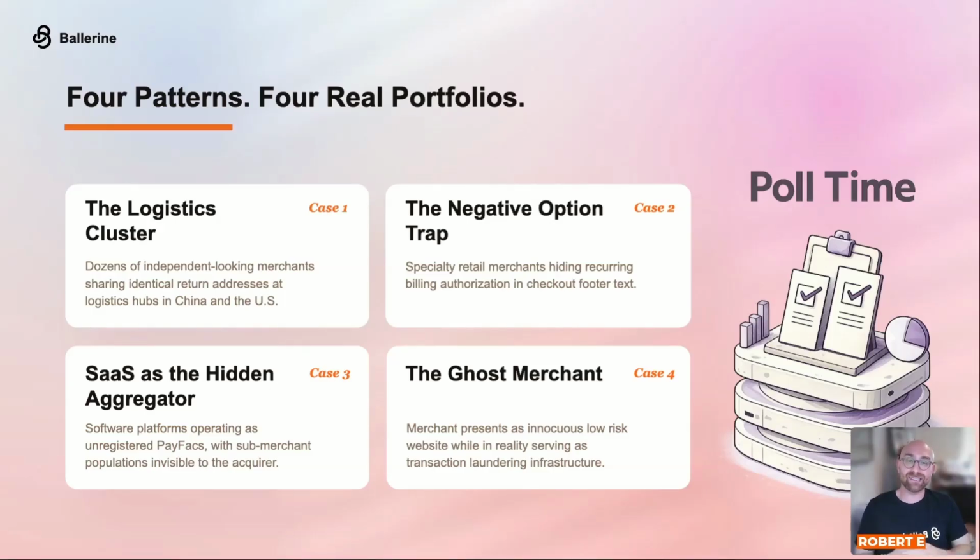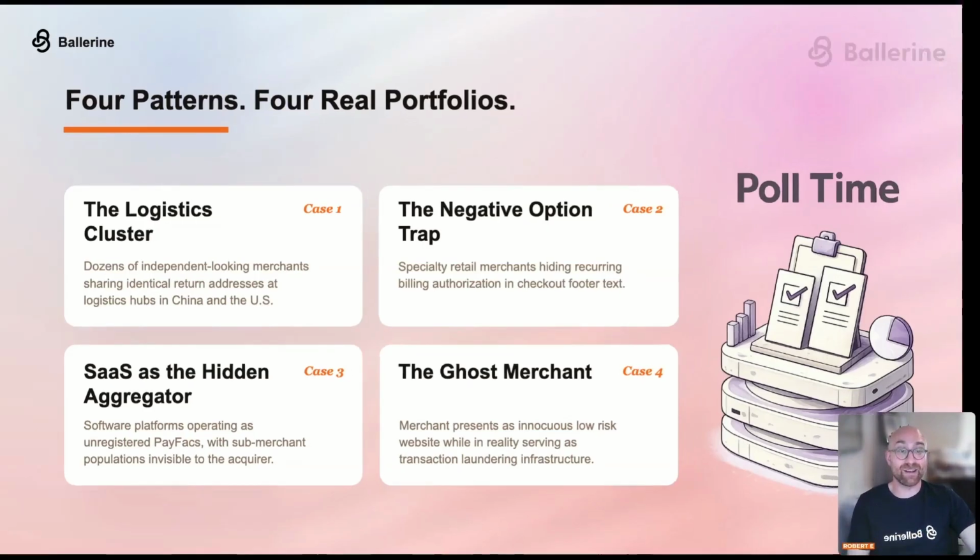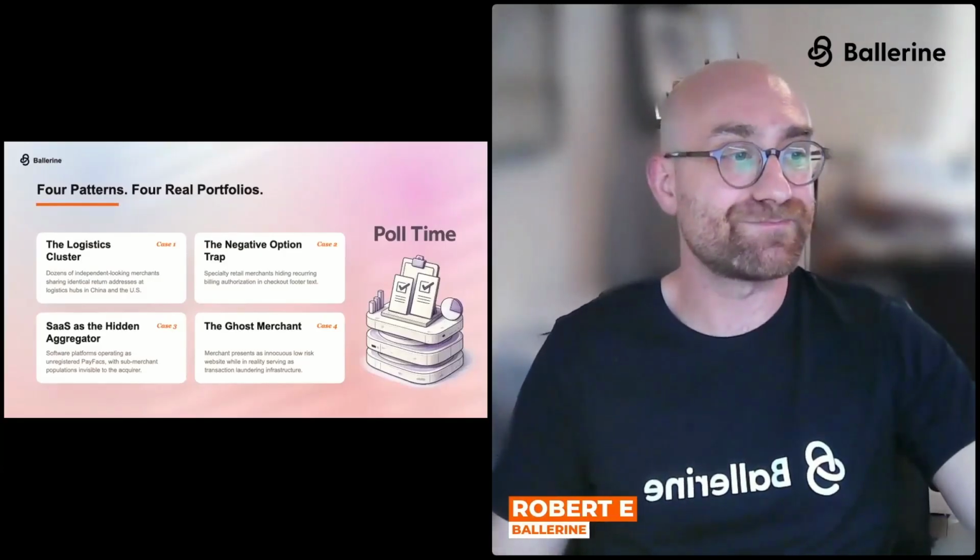And then lastly, we're going to tackle cases of merchants who are onboarding in order to do transaction laundering. They may present a very low risk posture, but in reality, what's happening in the background is something completely different that is very, very important to pay attention to.